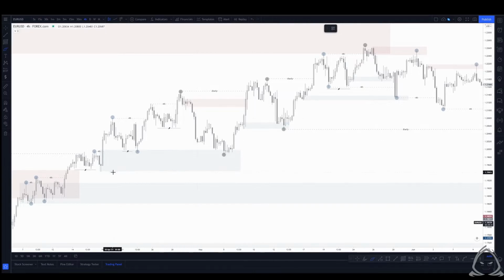If we know that we have a large void right here, we have equal lows, and we have a demand zone, there's a high probability that price is going to move back down into that area and rebalance price. And if we're looking to buy, that's probably going to be one of the better spots to look for buy entries to build a trade idea. It's that understanding that helps us build higher probability trade ideas.